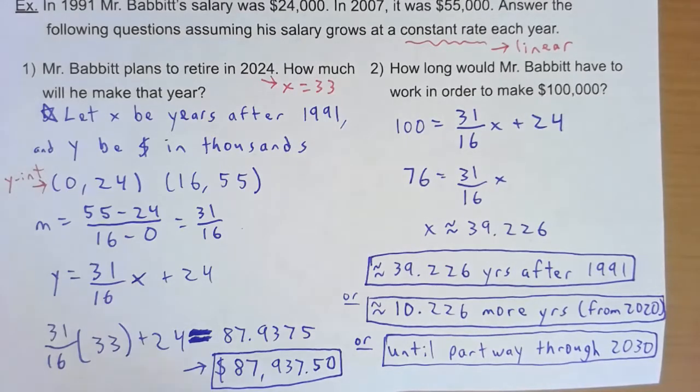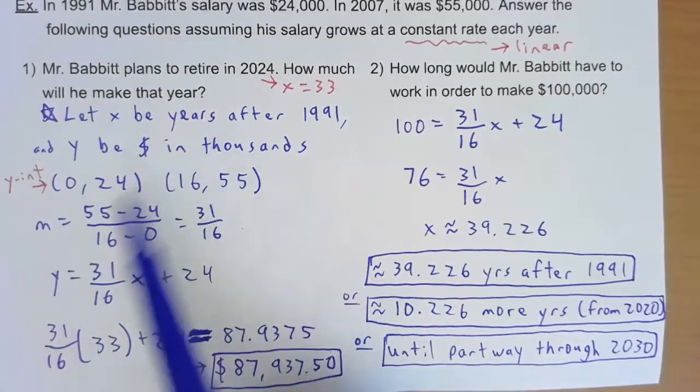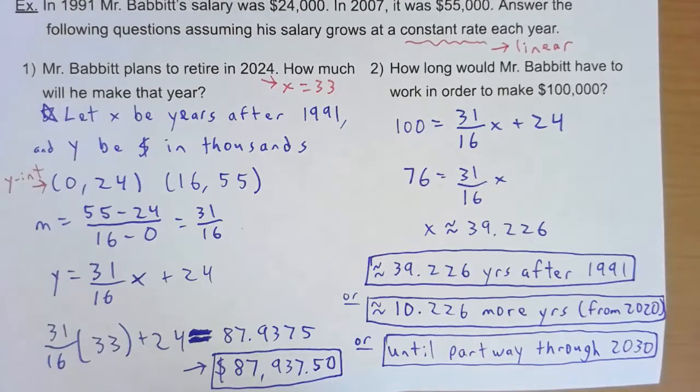It saved me some work. And I also made the y be in thousands, just to make the numbers a little bit smaller for doing the algebra there. So you may very well have made some different choices there, so your equation might be totally different. But regardless of how you did your equation, your final answers should still match up. So make sure that your answers match up there.